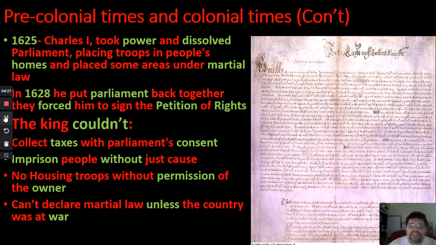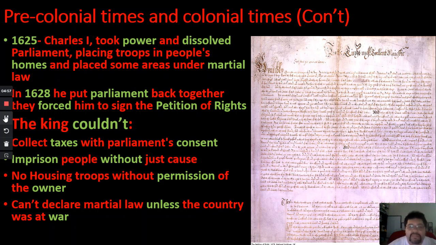Now in 1625, Charles I took power and he basically told Parliament, which is the voice of the people, I don't need you, go away. I'm the king, I know what people want, I know what the people need. So he placed troops in people's homes, not only as a military tactic, but also for them to spy on people, make sure people were saying good things about him and weren't planning to do anything to him.